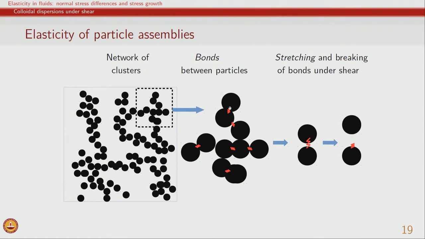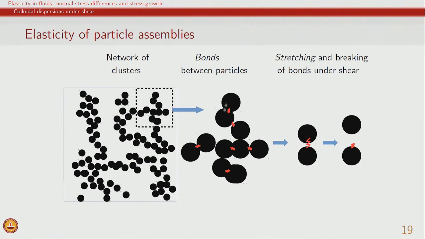Basically all these particles are joined because they have an attractive force, and that attractive force can be thought of as a spring, and so there is an energy required to pull these particles apart. We actually need to apply some force so that these particles are pulled apart. So, whenever we have shearing being applied on these materials, these particles are pulled apart, and therefore the bonds between them, which are in the form of an attractive force, get pulled, and because of the spring getting pulled there is an elasticity associated with it.